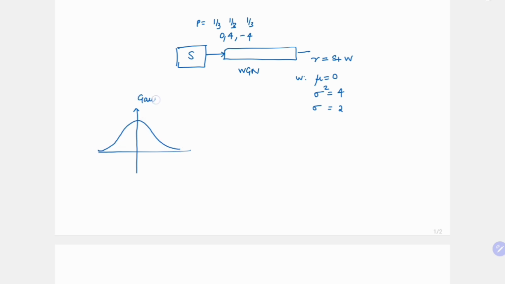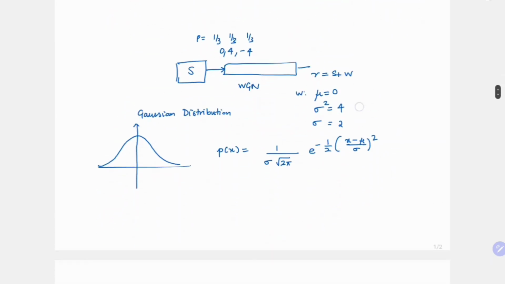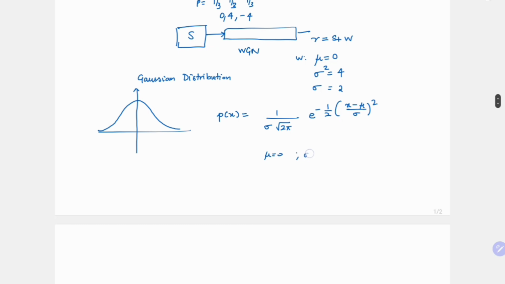So this is your Gaussian distribution, and your probability density function P of x for this is given by 1 by the standard deviation root 2 pi, e power minus half into (x minus mu by sigma) whole square, where mu is mean and sigma is your standard deviation. So for mu equal to 0 and sigma equal to 1, which we also call your standard normal distribution.